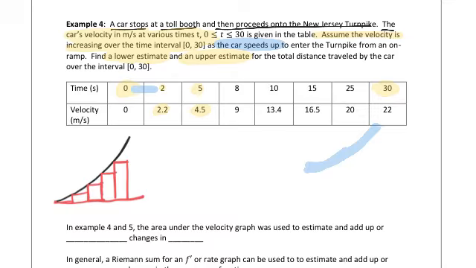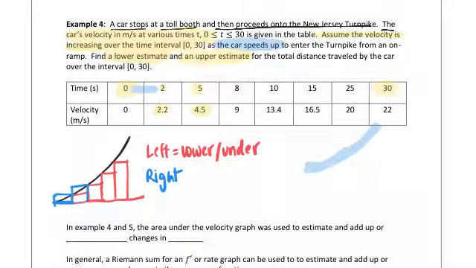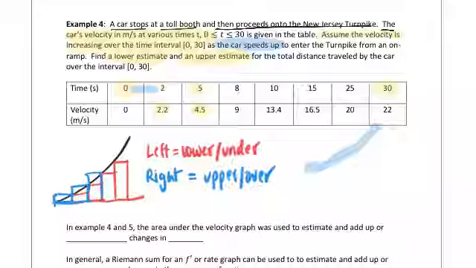Your left is your lower or under estimate, and your right estimate, which means you use the heights at the right end of each rectangle, is going to make your rectangles stick out over the graph, and so that is going to be your upper or over estimate.